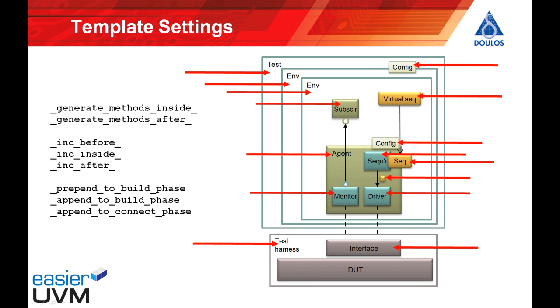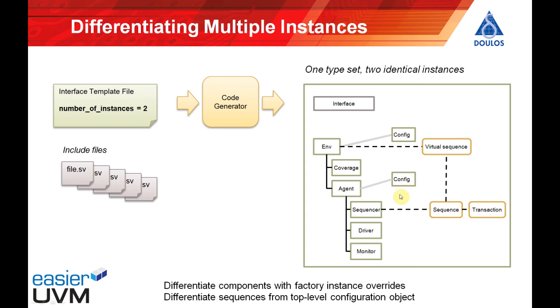So, flipping back a slide, you would use settings within your common template file in order to change the contents of the top-level configuration object. The instance-specific settings within the top-level configuration object would then percolate down through the hierarchy here so that each agent config has different settings, and the sequences running on the agents can then pull out instance-specific information from the agent configs, and thus have different sequences on different instances of the same agent behave differently.